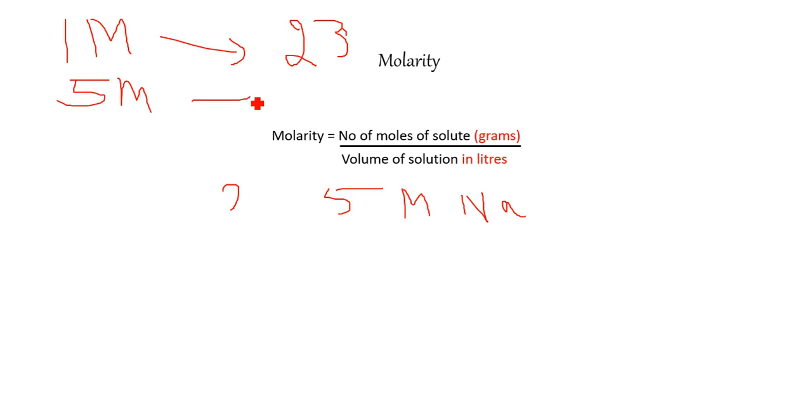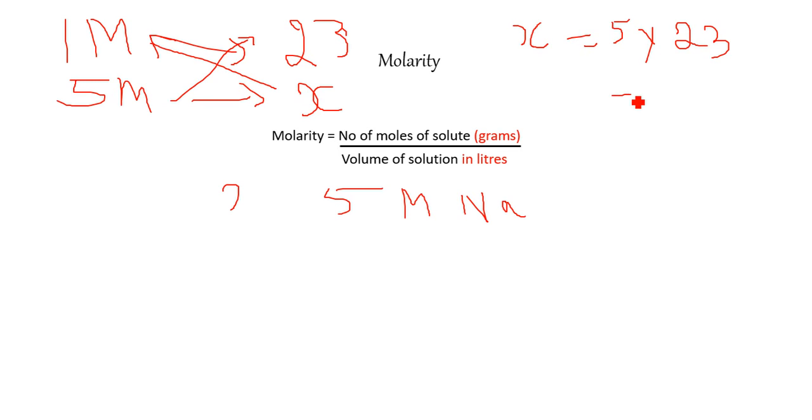So basically what you do is you cross multiply this. Yeah. So we're going to get x is equal to 5 into 23. That gives you 115 grams.